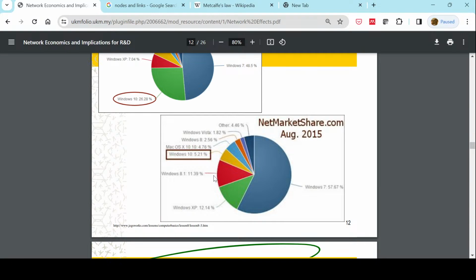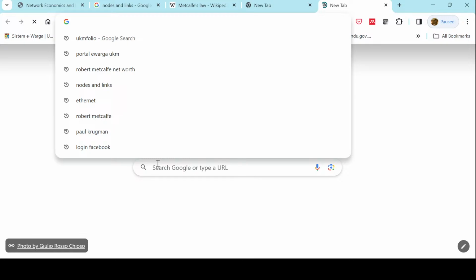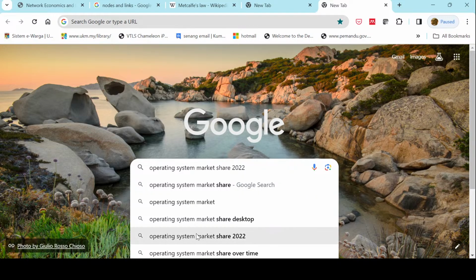Okay, 2017, Windows. Interesting to know. Let's look at operating system market share in 2022.